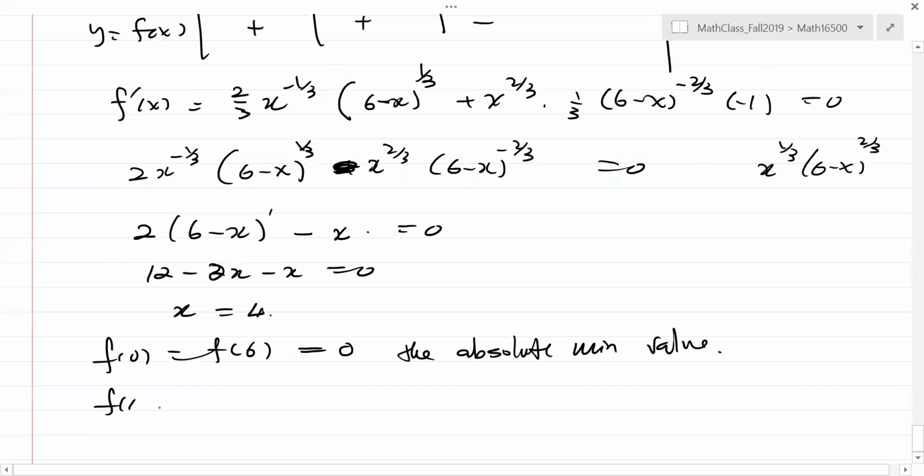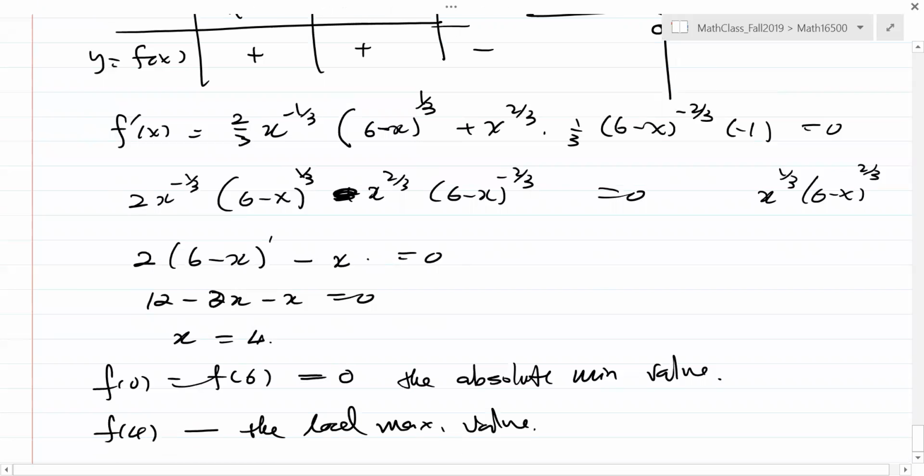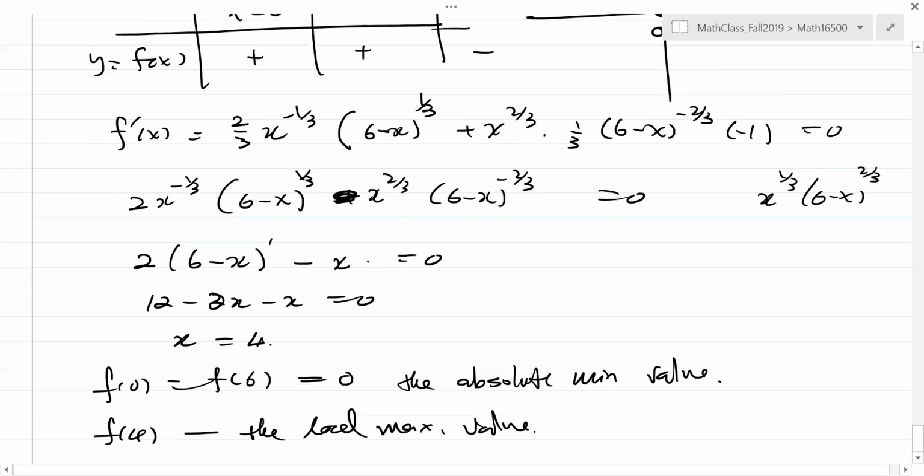And f of 4 is the local maximum value. Did I check the sign of the derivative? No. I sketched the graph before I even found the derivative. You should learn that, because it will help you avoid making mistakes.